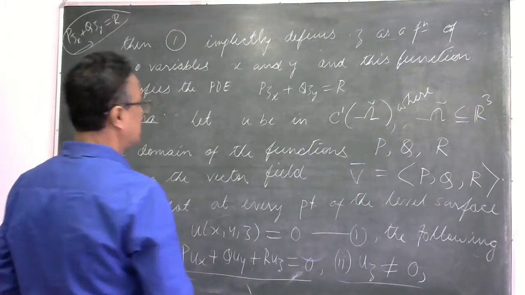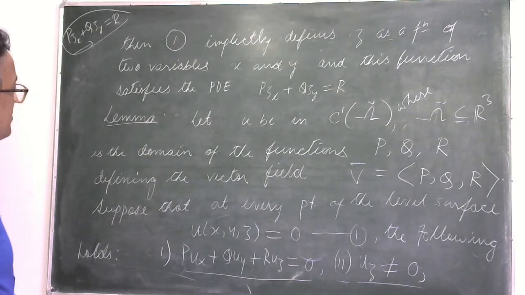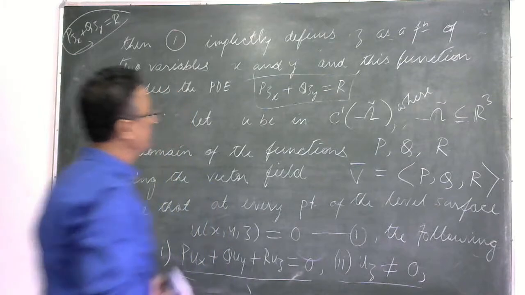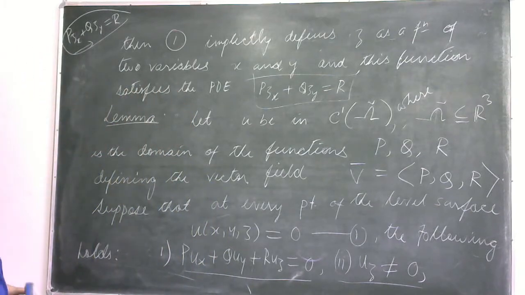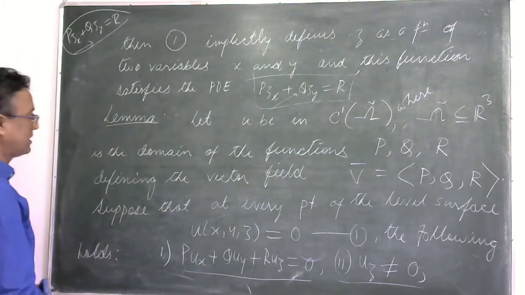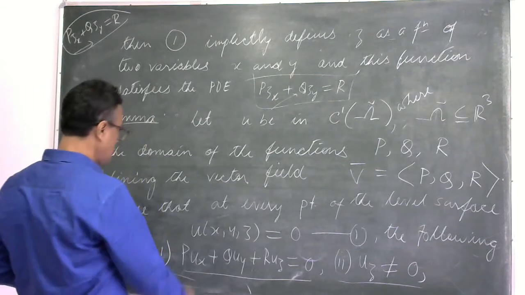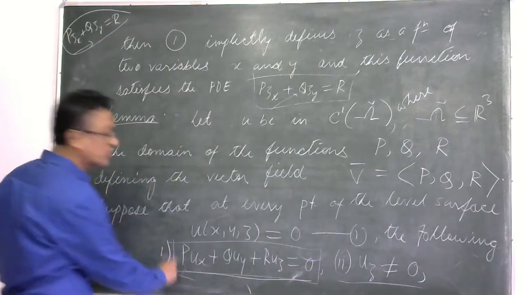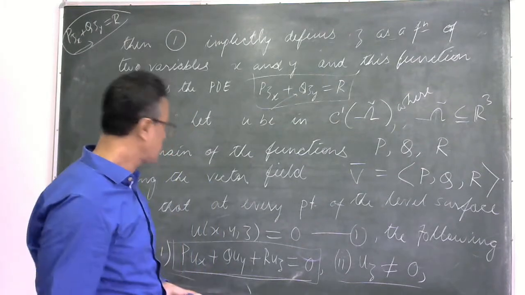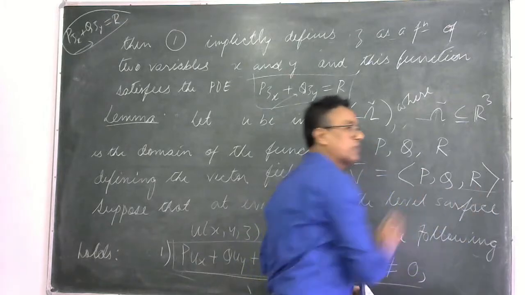Okay, fine. So basically, what is given here? You will be given a differential equation, and we are going to find a solution to it. But rather than solving it through some method, we will try to solve this one, which is going to give me an integral surface corresponding to this vector field.